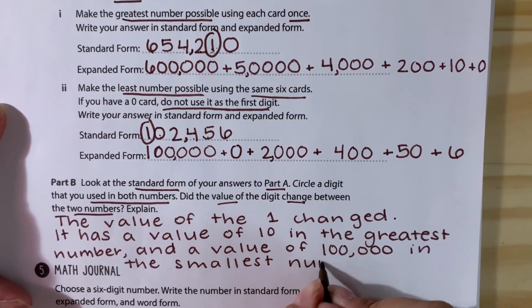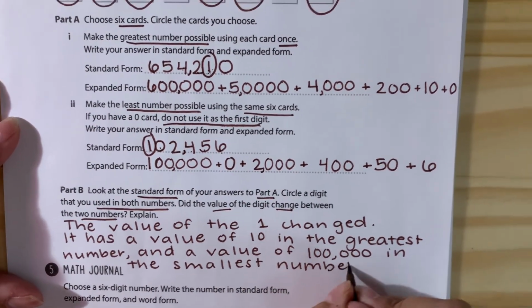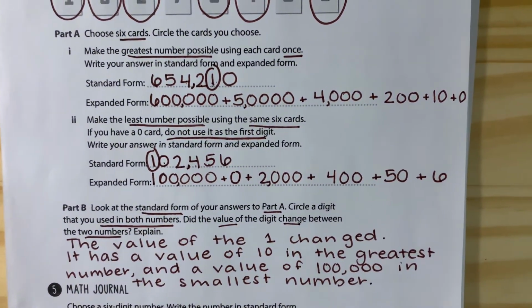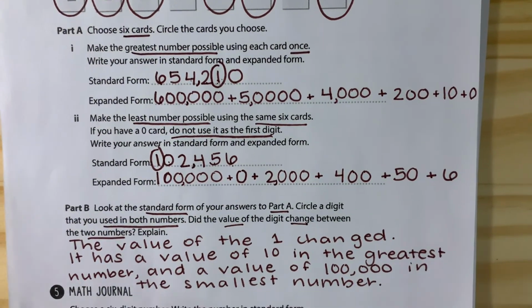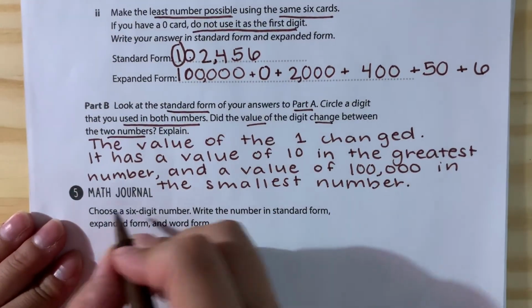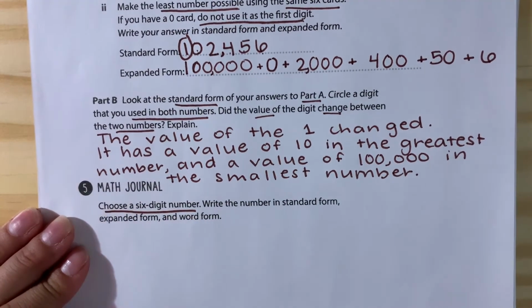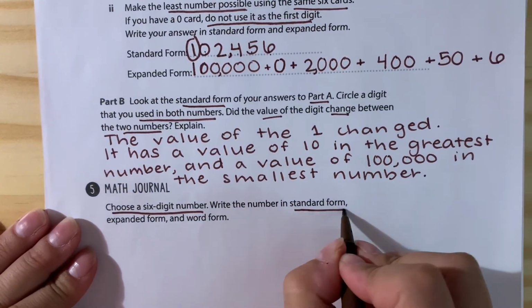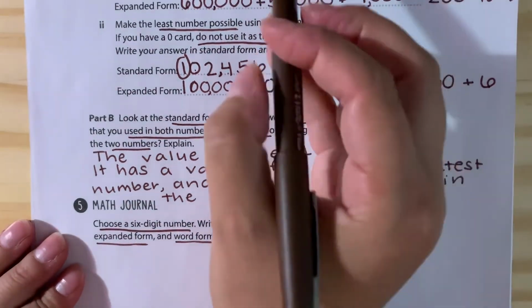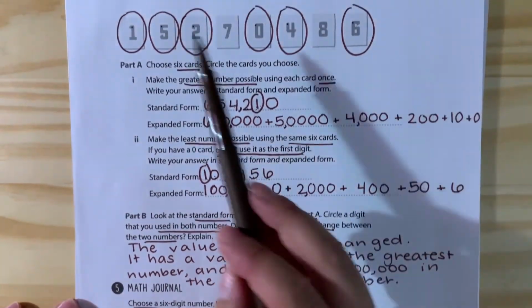Now, if that is a little confusing for you, I am on the Google Meet to help with any questions on any of these. But now that we have worked through 1 and 4 together, I want you to go and choose a 6-digit number and write that number in the standard form, expanded form, and word form, and you can choose any of the cards from the top of this page.